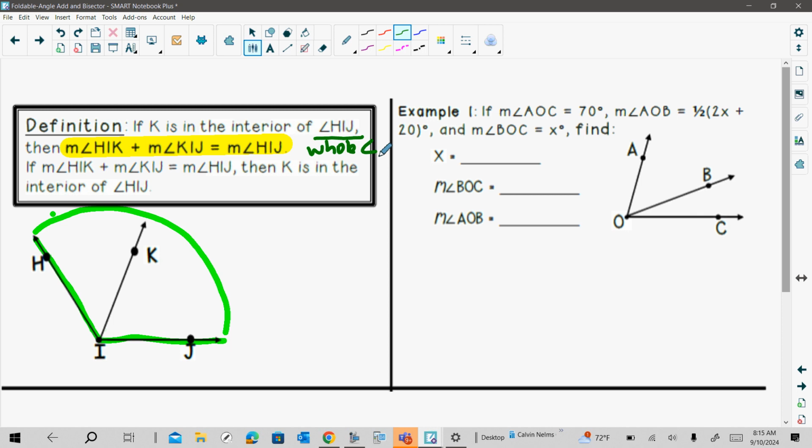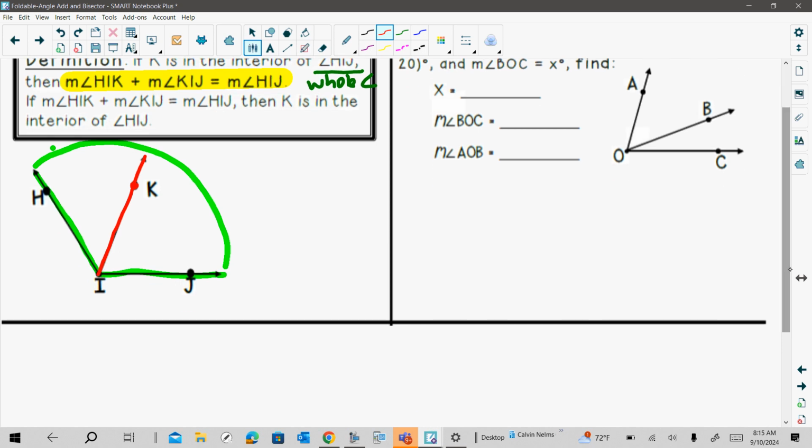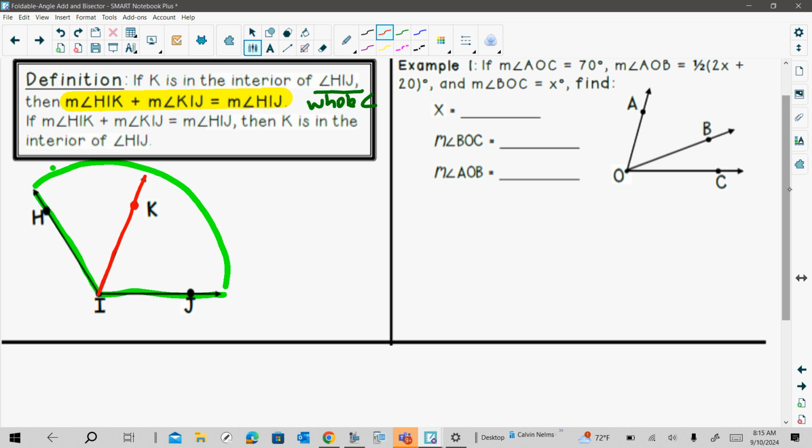And what we have, because K is in the interior here, and we draw this ray going from the shared vertex I to K, we now have created adjacent angles. So first I'm going to name the angles. If I'm talking about the first adjacent angle, I'm just going to do a single arc here and put the number 1.